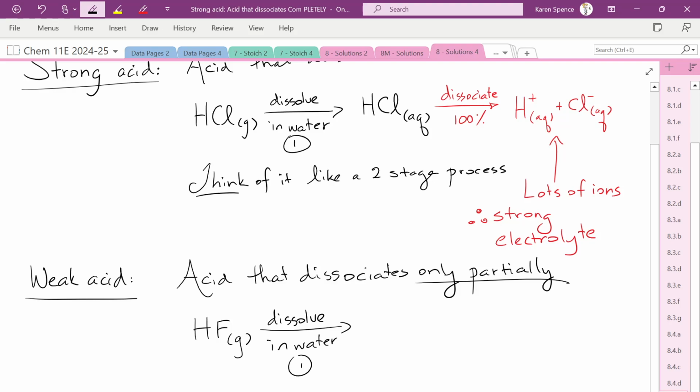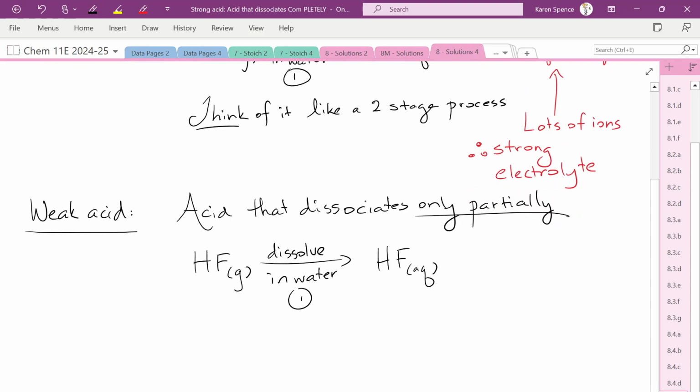And that's step 1. And we get HF aqueous. What is that process where we just change the state, but it doesn't break apart? That's dispersion. Okay, so we get the dispersion of the weak acid.